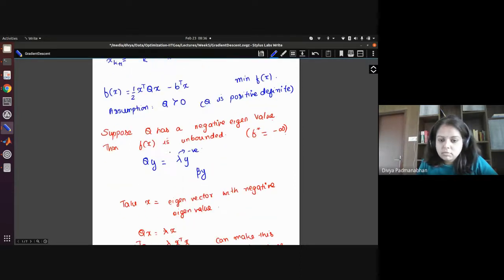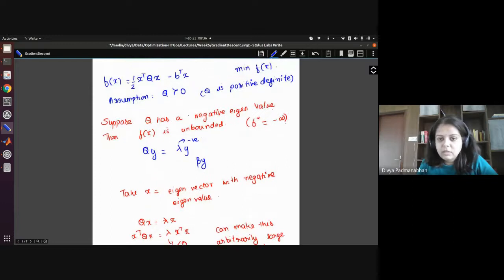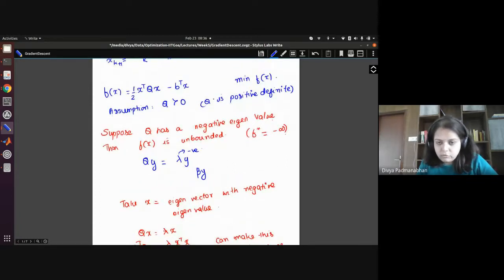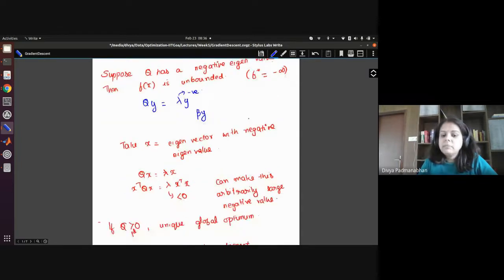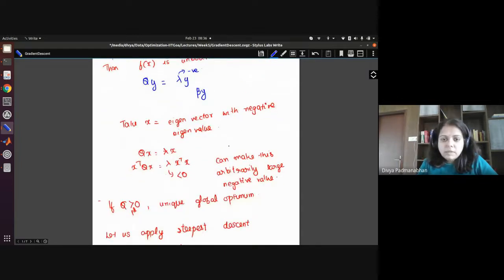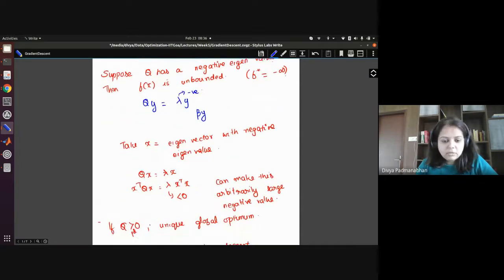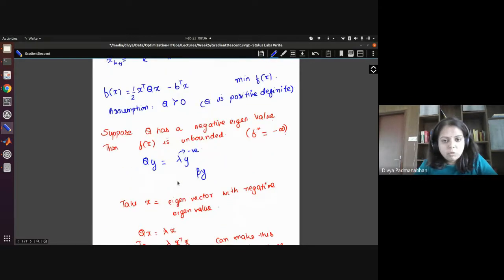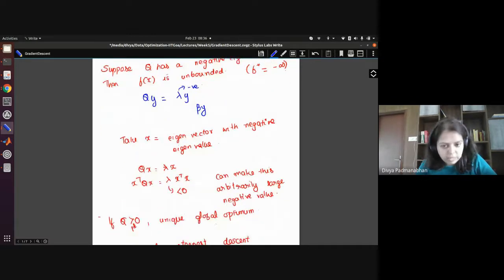So that's exactly the reason why we require Q to be positive definite. Another thing is, if Q is positive definite, this problem is also going to have a unique global optimum. We will see this a couple of days later when we do convexity.